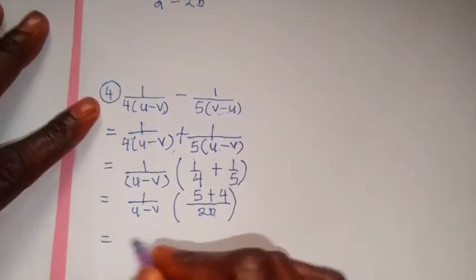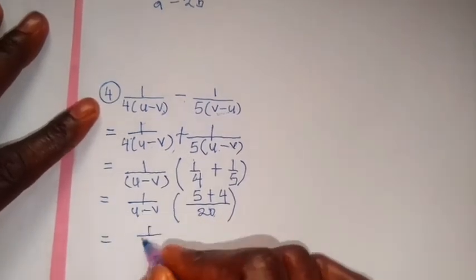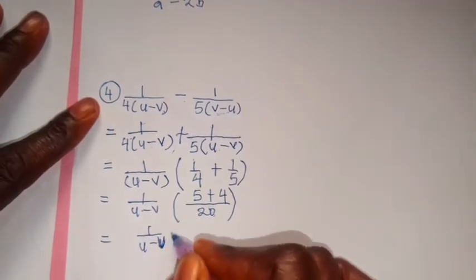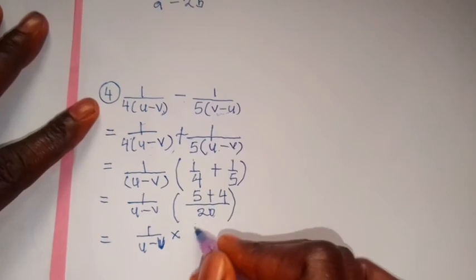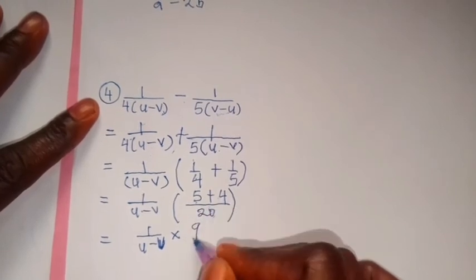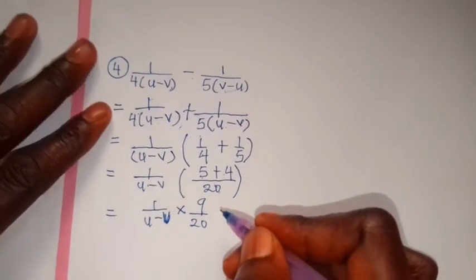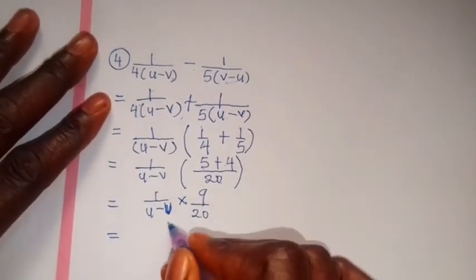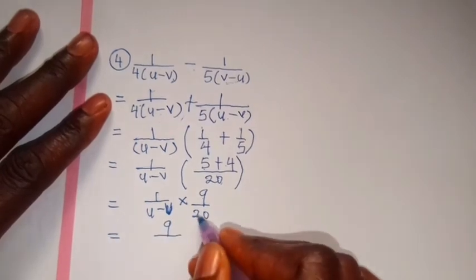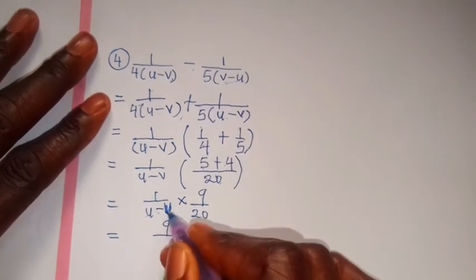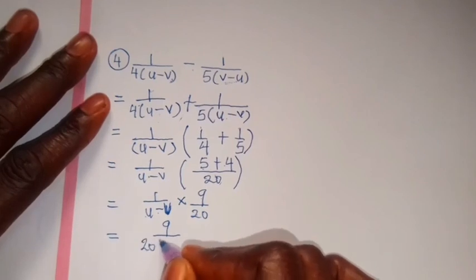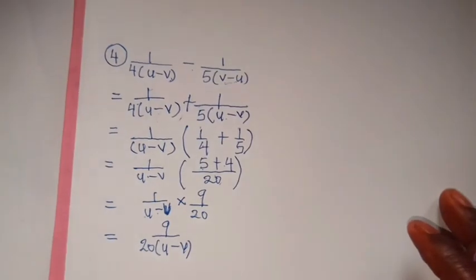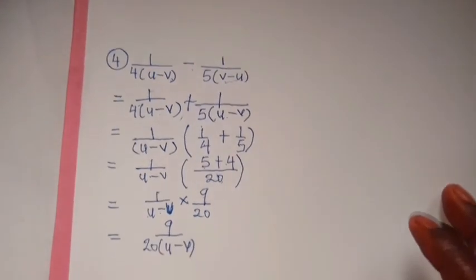Now, in the next step, we are going to multiply the contents outside the bracket, which is 1 upon u minus v, with the result we have here, which is 5 plus 4 is 9 upon 20. Then eventually, the final answer for this question will become 9 times 1, which is 9, upon 20 times u minus v. We are going to have 20 into u minus v. And there you have it. This is now the solution to this problem.